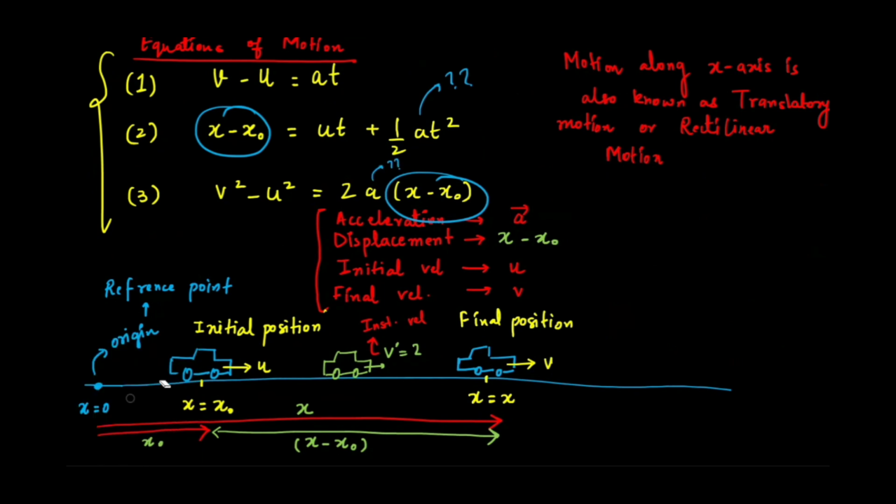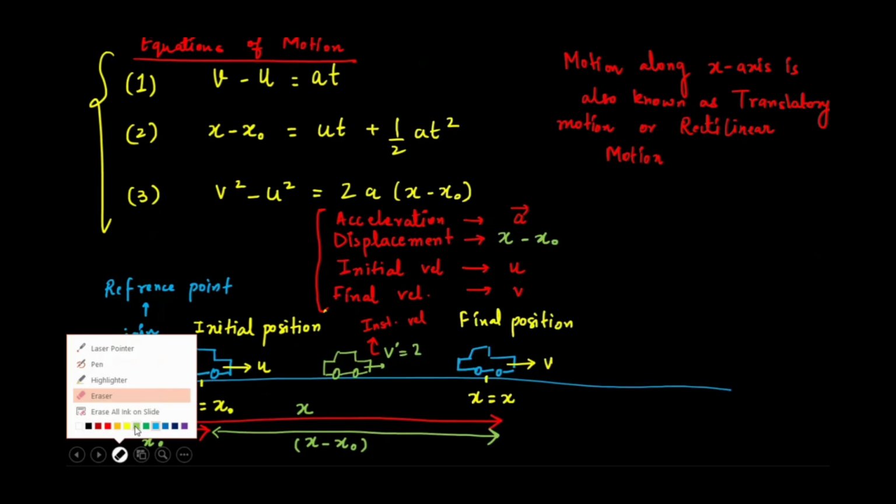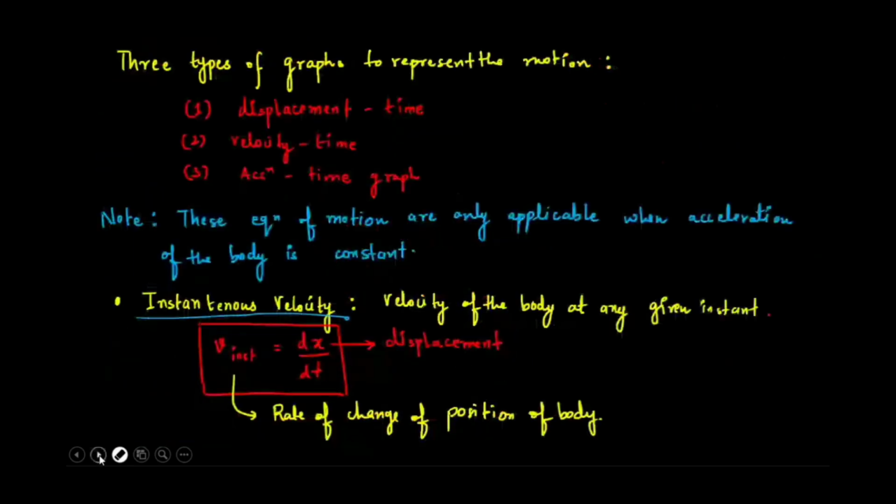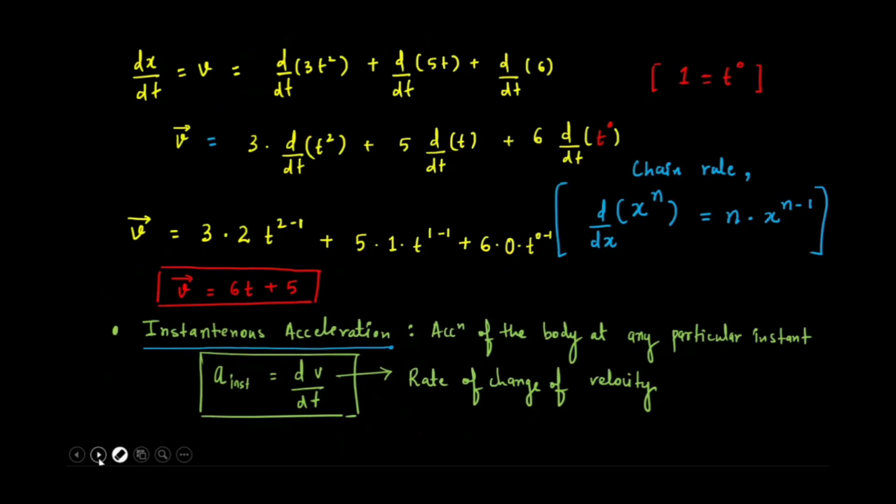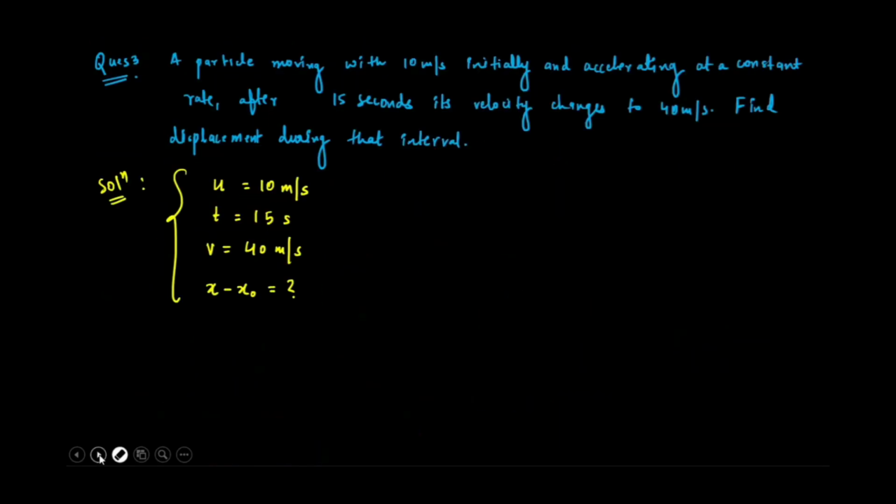So how can we find the acceleration first? Whatever acceleration we find, we substitute in either the second or third equation and we'll get our answer. The acceleration can be easily found using the first equation. So here we use two equations together to get the answer.